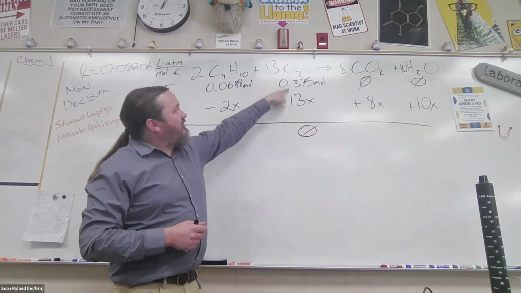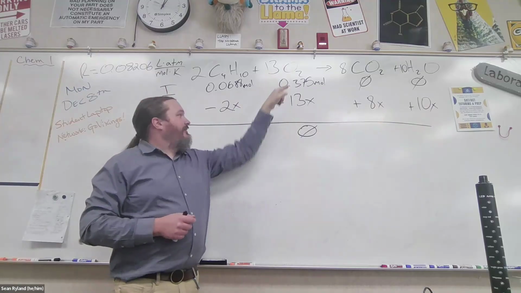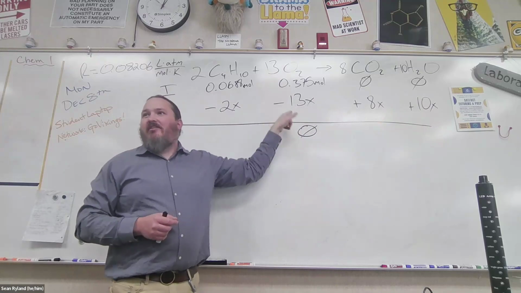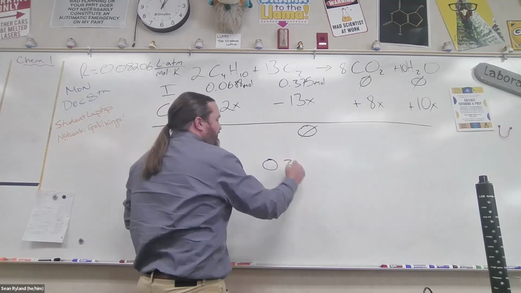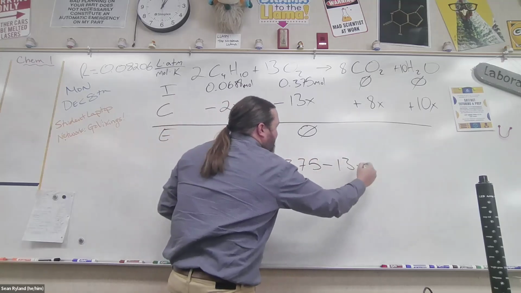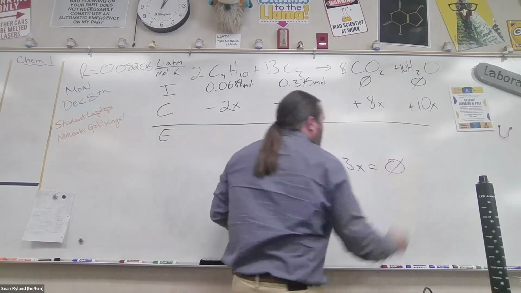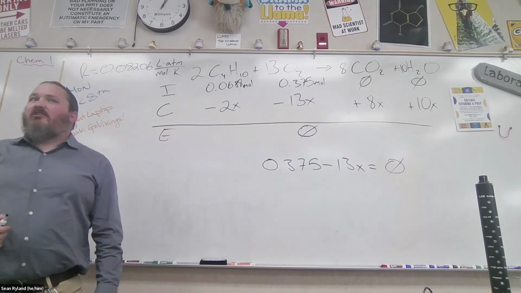Because if we start with 0.375 moles of oxygen and we end with 0, and this is the change, we can say 0.375 minus 13x equals 0. That's pretty easy algebra to solve, isn't it?